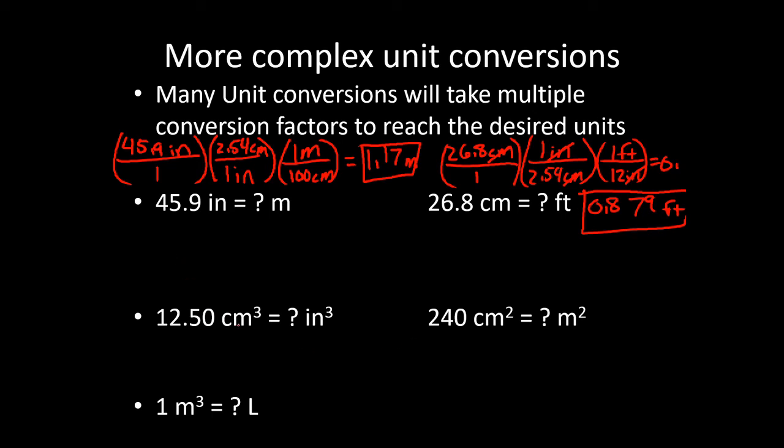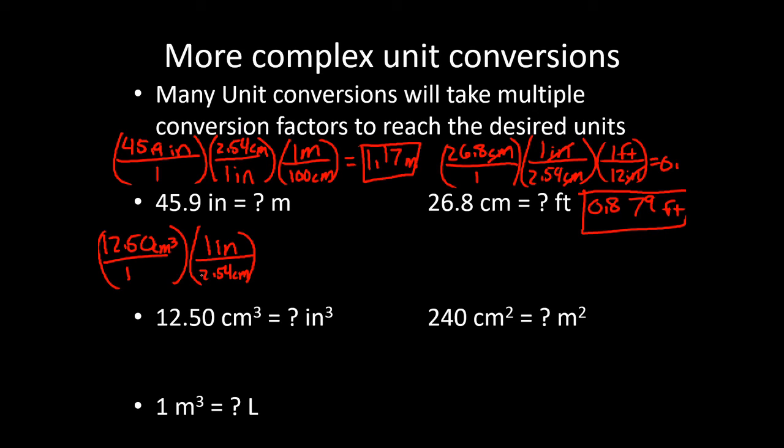What about this one? Here we have units raised to a power. Well, we have 12.50 centimeters cubed, and we know that for every 2.54 centimeters, there is 1 inch.